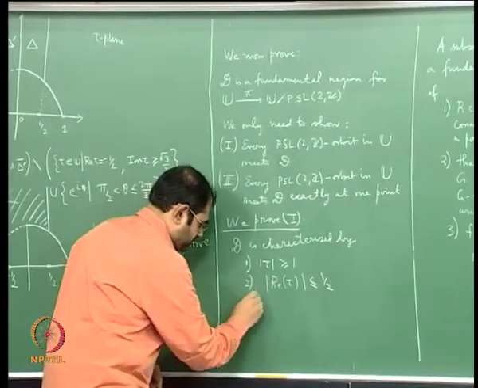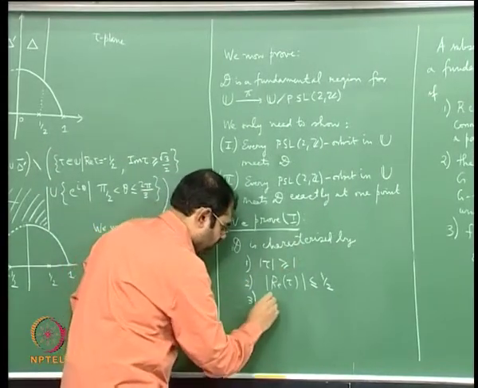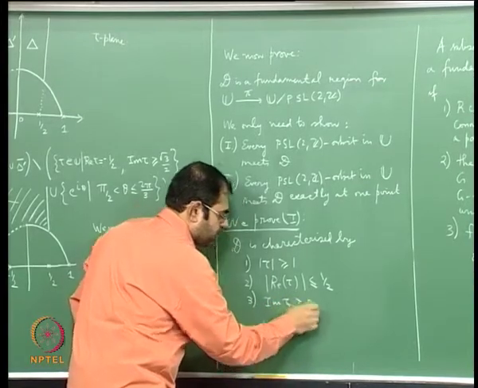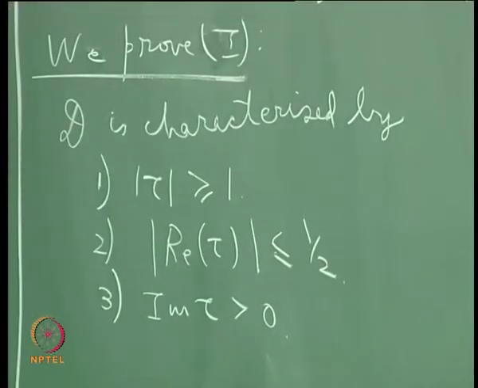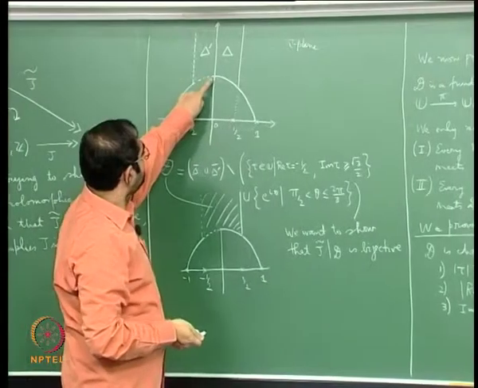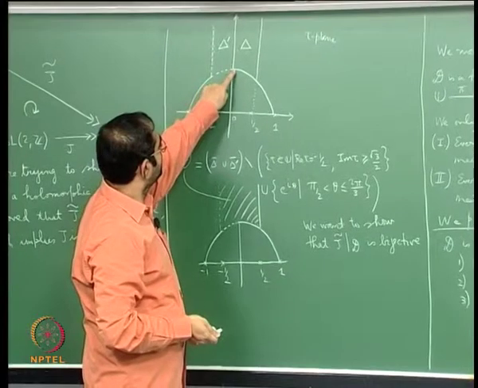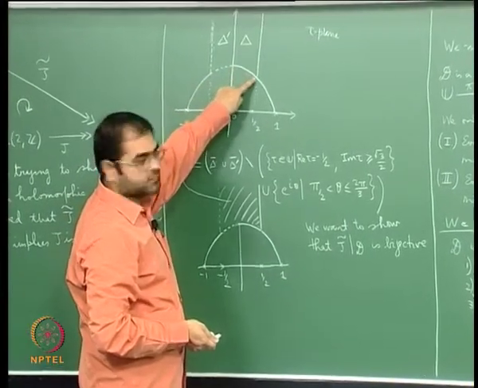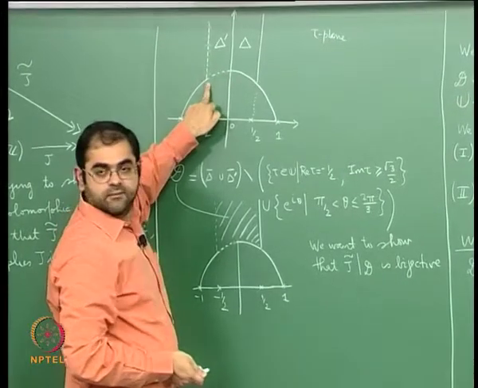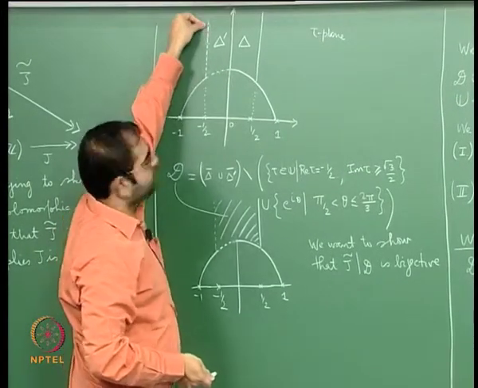Of course tau is in U, so the imaginary part of tau is greater than 0. This is all in the upper half plane, and then you see I want to include this arc, and I want to throw out that arc, and I want to throw out this line.